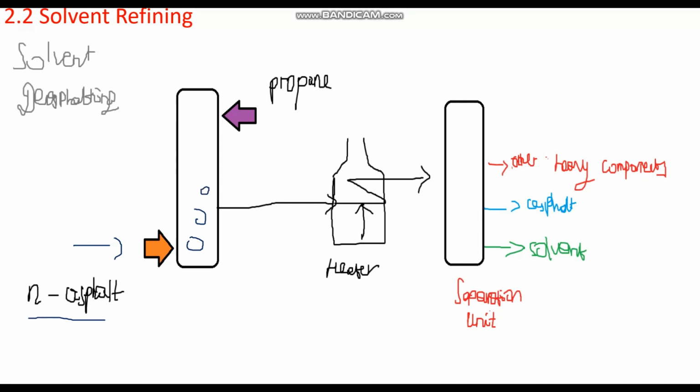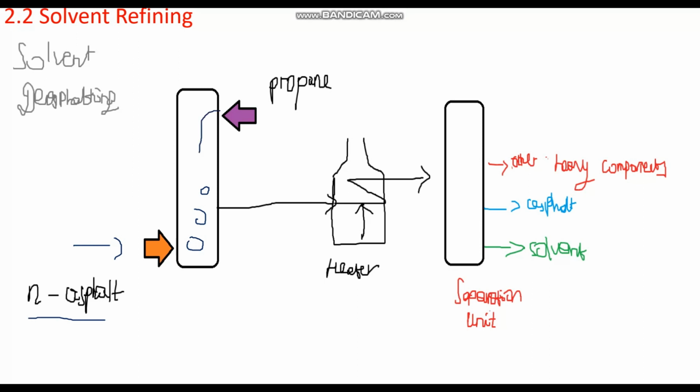After that, we need to choose a solvent, mostly propane or butane. A light hydrocarbon solvent, often propane or butane, is mixed with the feedstock.